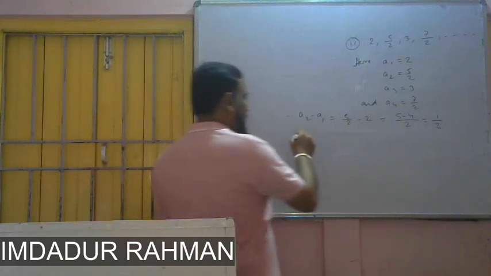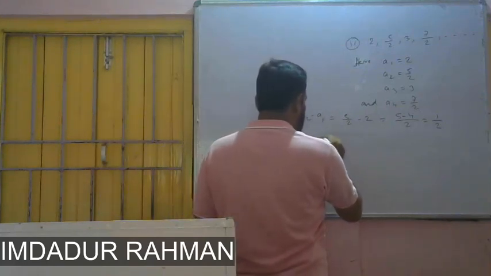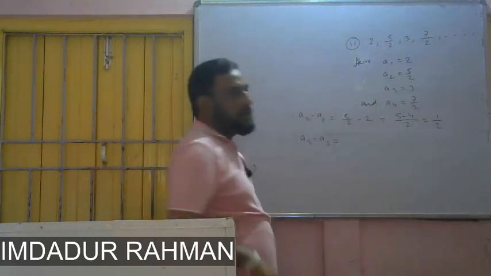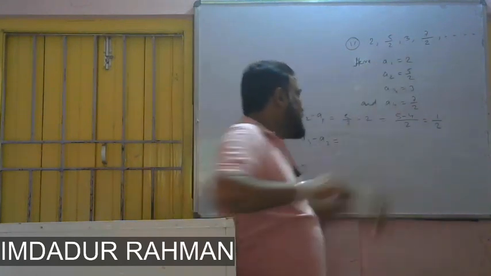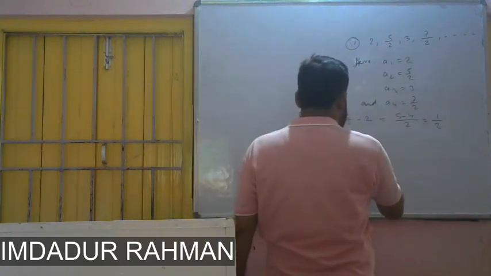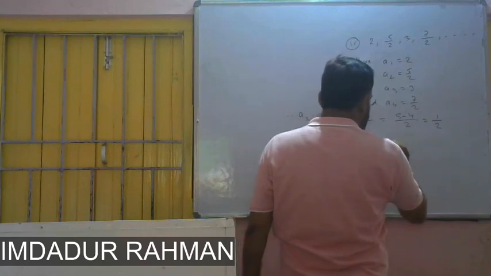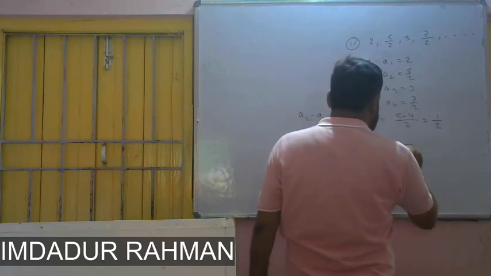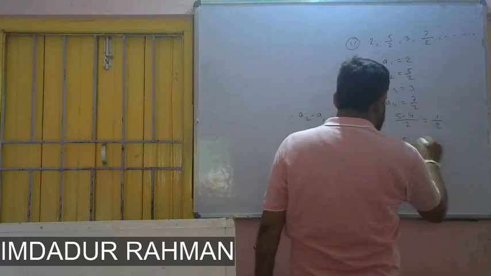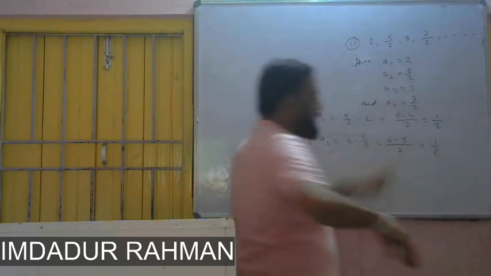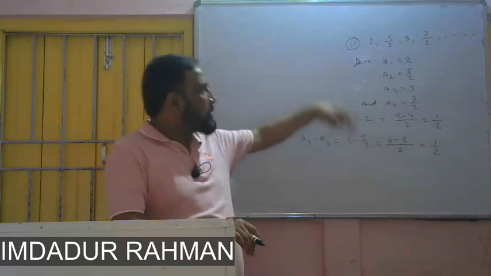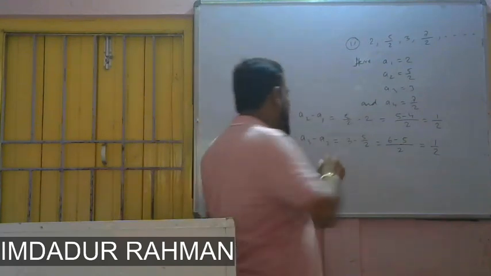Then A3 minus A2, how much? 3 minus 5 by 2. Here you see the differences are the same, so we will proceed to the next.